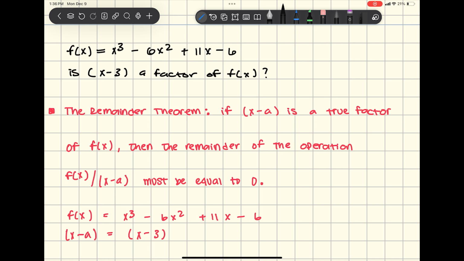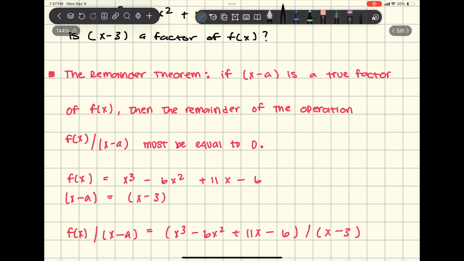And the x minus a factor in question is, again, the x minus 3 factor. Now again, the remainder theorem mentions the operation of f of x divided by x minus a, and if we want to prove that x minus 3 is a true factor, then we should expect the remainder to be 0 once we carry out this operation of f of x divided by x minus a.